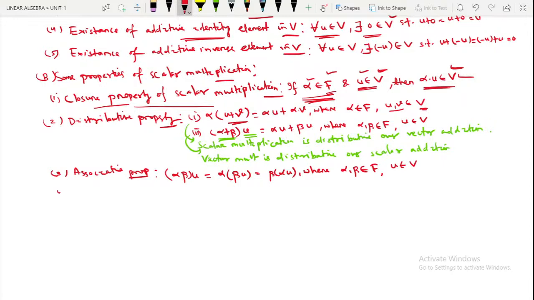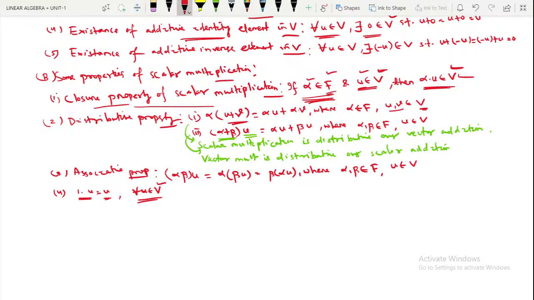And the last property is 1 into u equal to u for all u belonging to the non-empty set V. That means if you take any element u from V, then u into 1 must be equal to u. Okay.